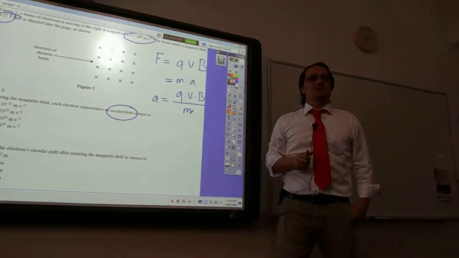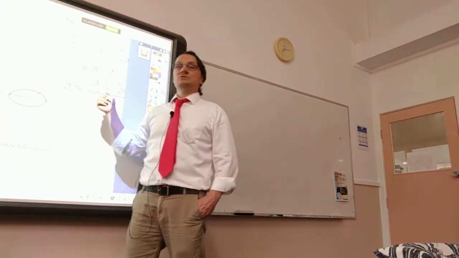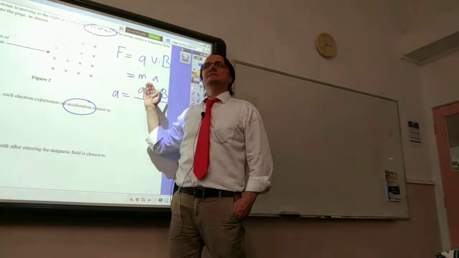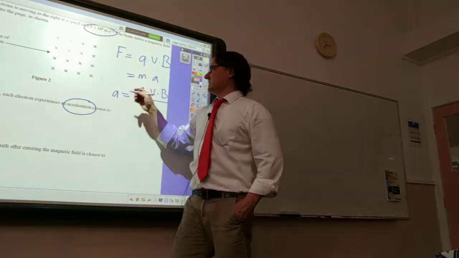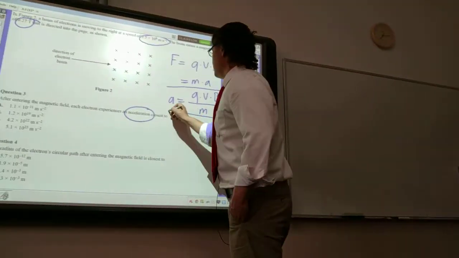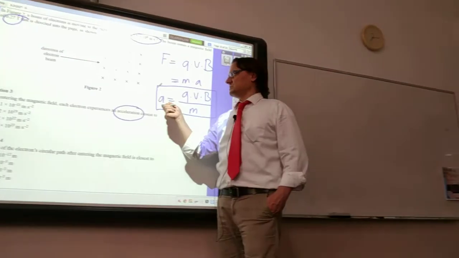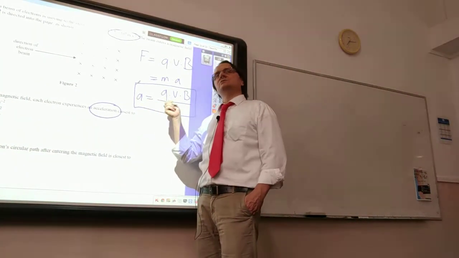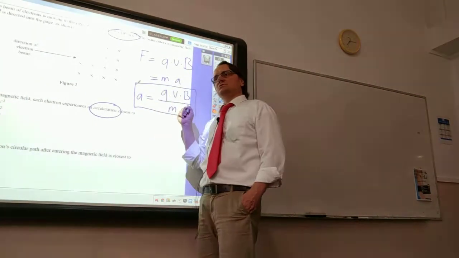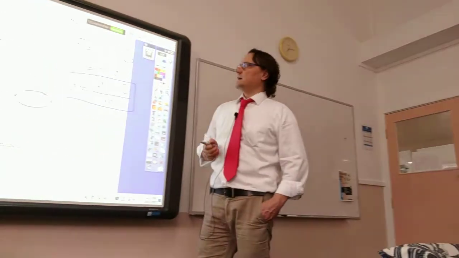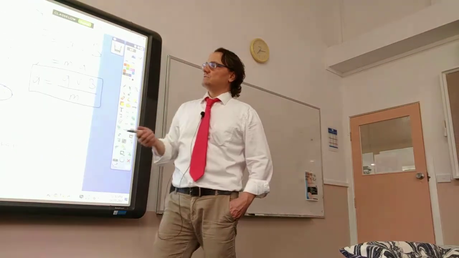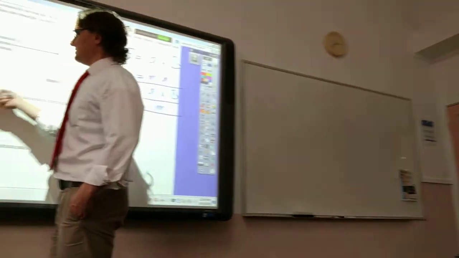It's always advised, girls, to first solve the equation symbolically, having a nice equation for the acceleration A, and then substitute. Substitute and get the answer, and check that your answer is one of the choices.